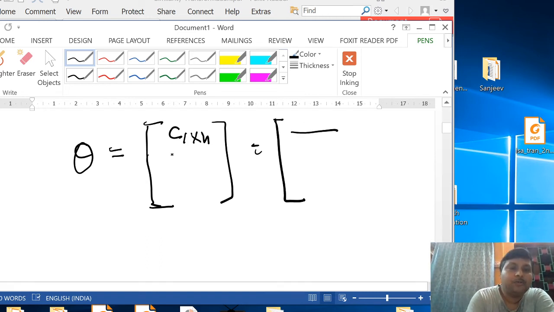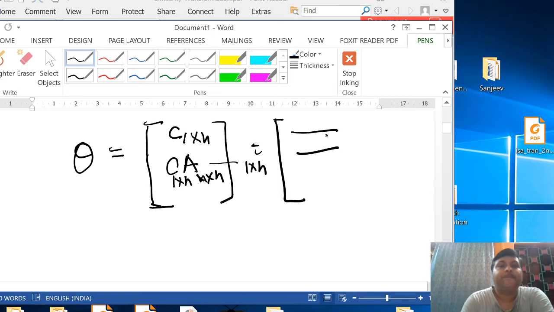Okay, so now A into C, so n cross 1, and it is 1 cross n. No sorry, so it will be actually C into A, so it will be 1 cross n, and it will be n cross n A. So after multiplication again it will be basically 1 cross n, so it is another row.